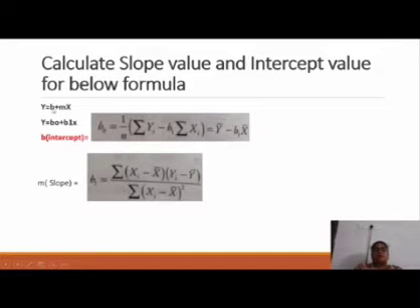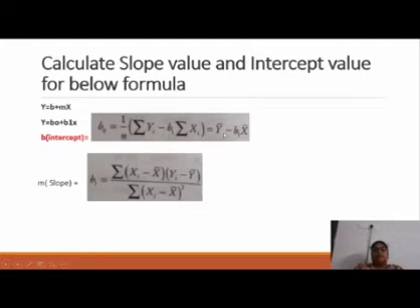This b you can write as b0 plus b1 into x. So b0 is the intercept of the formula y equal to mx plus b. If you want to calculate this, you need to know yi, xi.